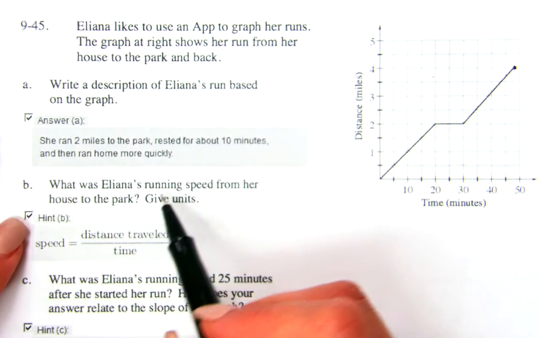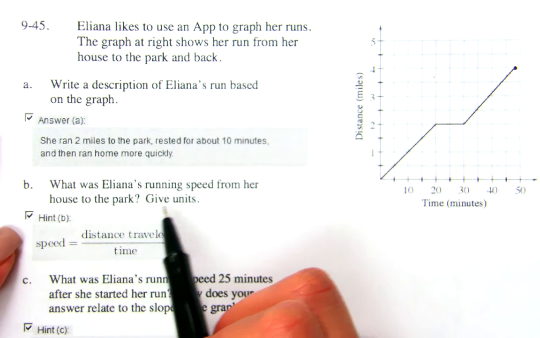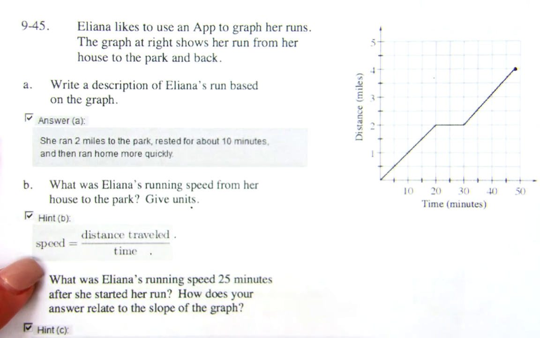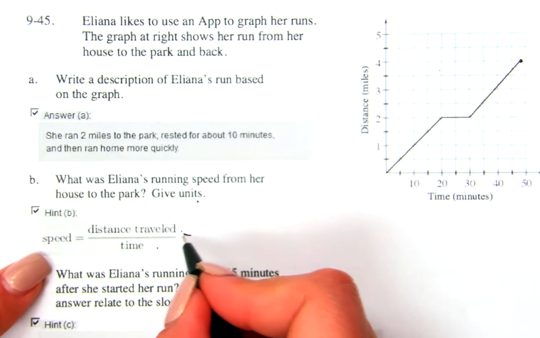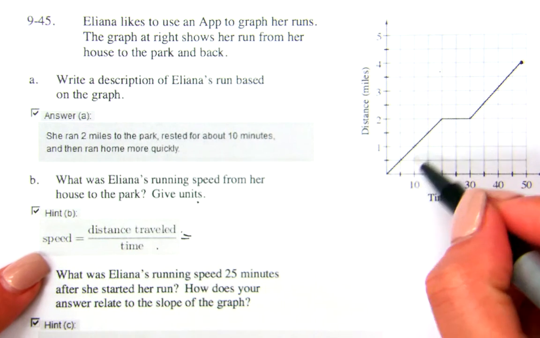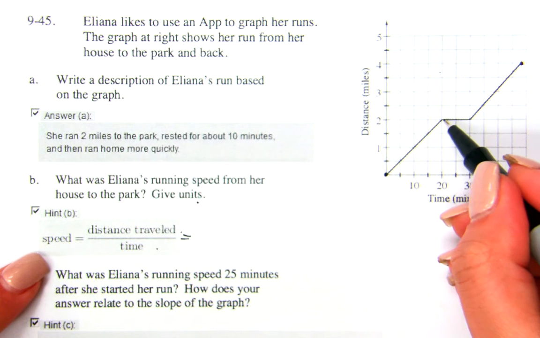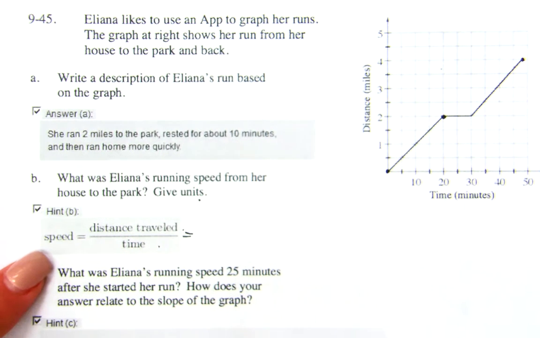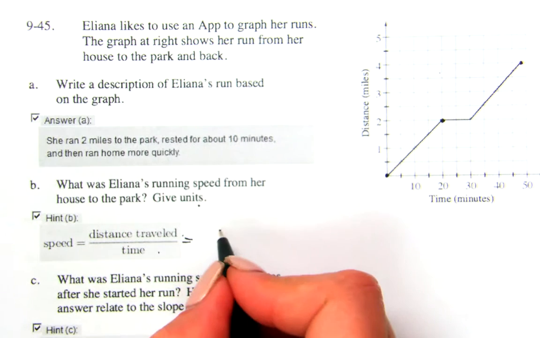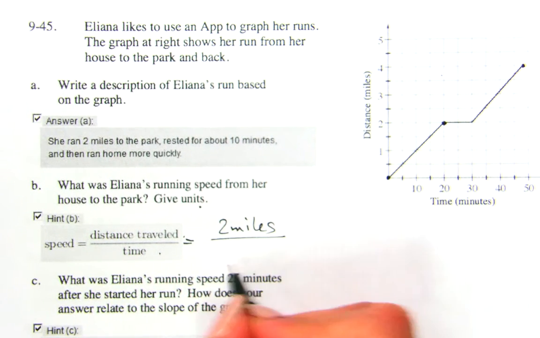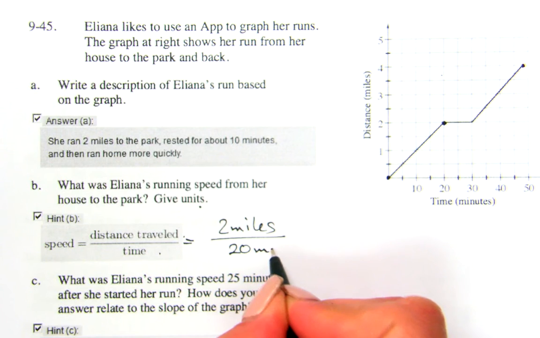What was Eliana's running speed from her house to the park, and then give the units. Your hint is speed is equal to distance traveled over time. So running speed from her house, which was at the beginning, to the park, which was when she got to the park, the end of the trip. So distance traveled was 2 miles, and the time it took her was 20 minutes.